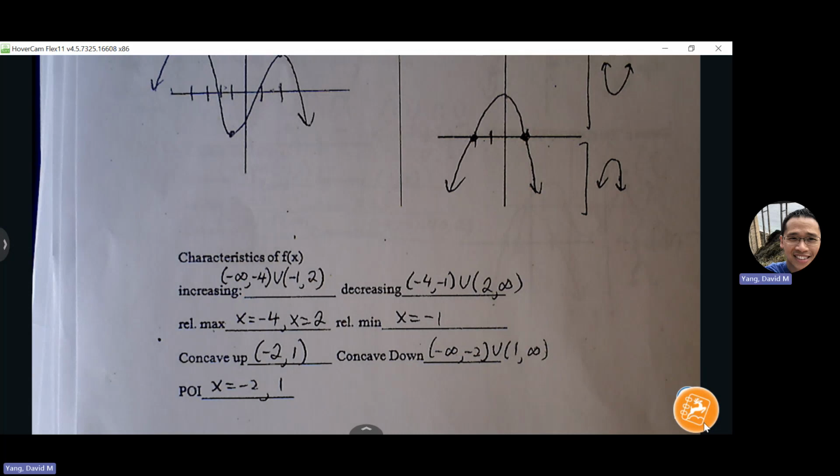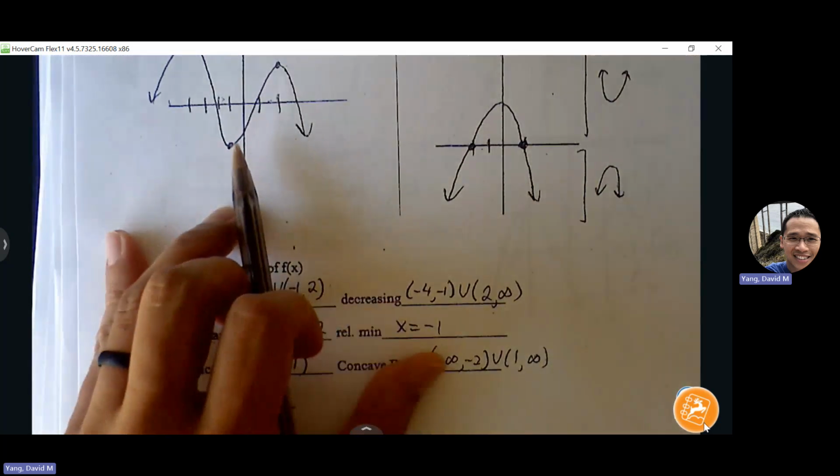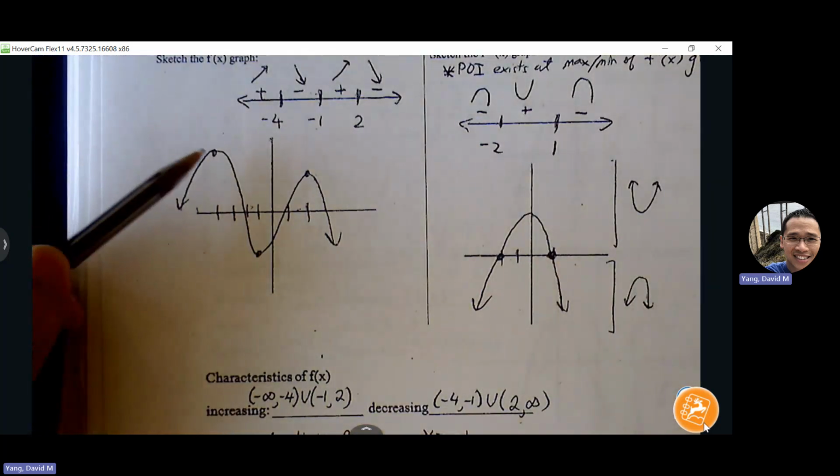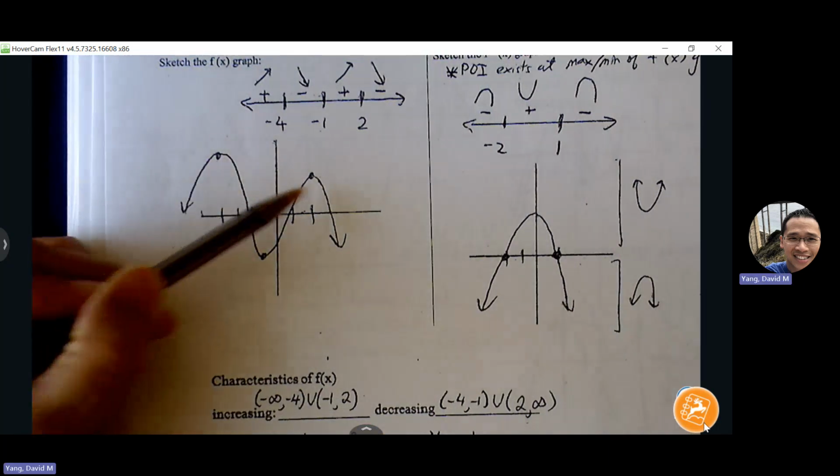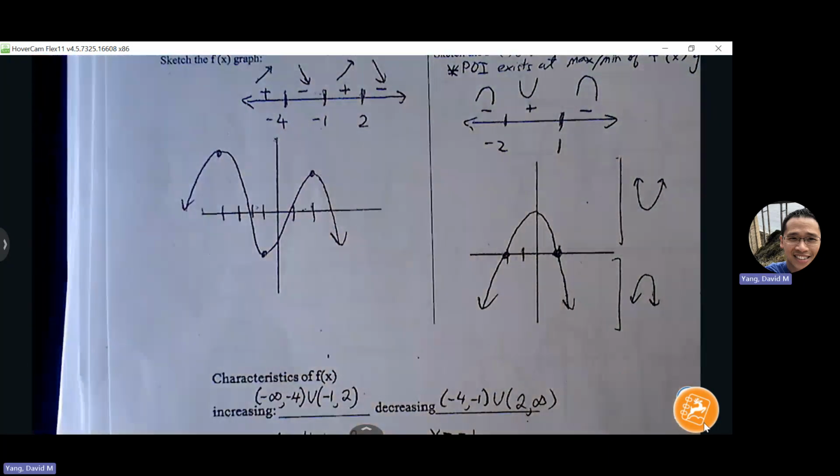I don't know the y value of the extreme. I would give you information about it, or you can just make one up. If I don't give you any more detail, then your graph will still have the same relative max, relative min. It may be higher, maybe lower, and that's fine.